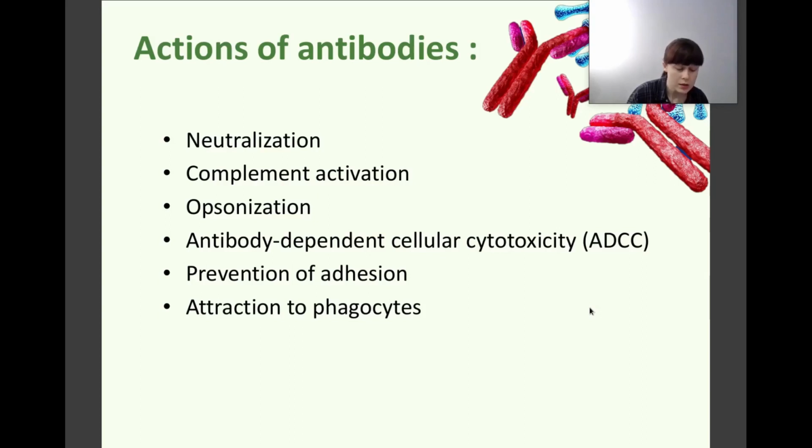They can activate complement and lyse cells containing foreign antigen. They can also play a lead role in antibody-dependent cellular cytotoxicity, and in opsonization of corpuscular antigen and attraction of macrophages to phagocytosis.